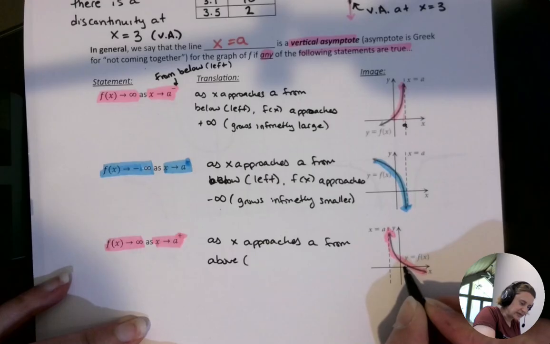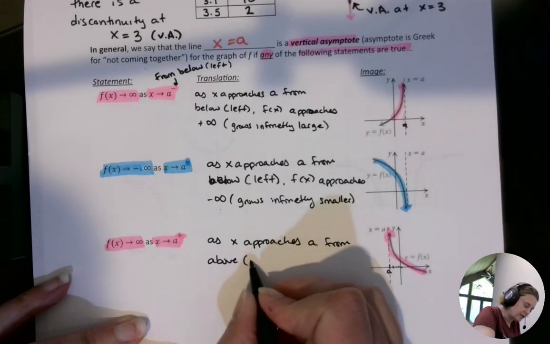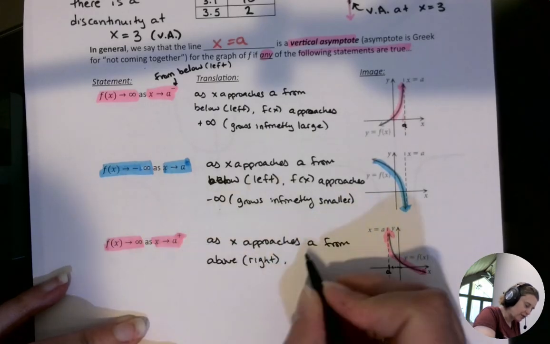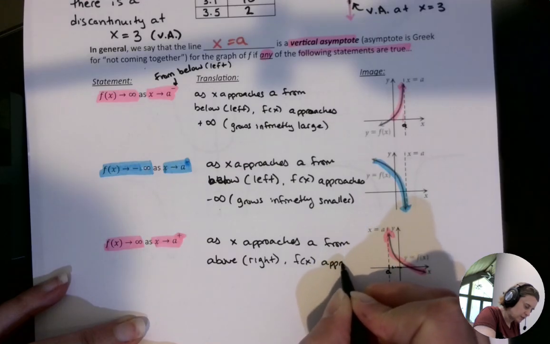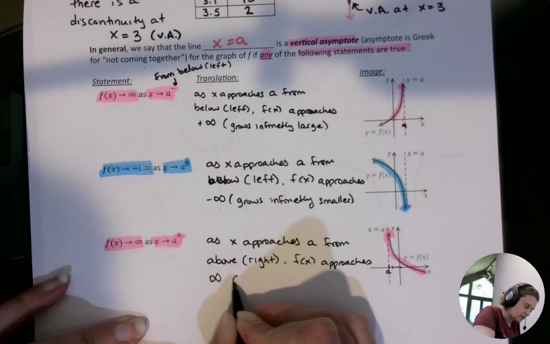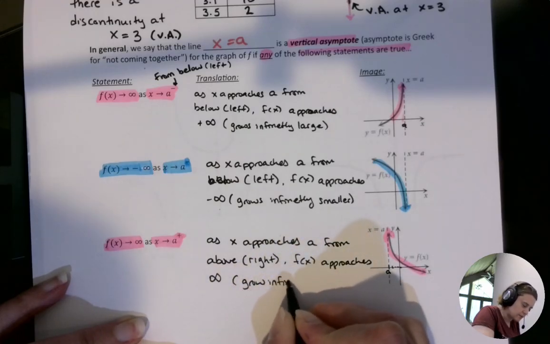On the x-axis, numbers that are above that value a are on the right side of a, so from the right, f of x is approaching positive infinity, so it's going to grow infinitely large.